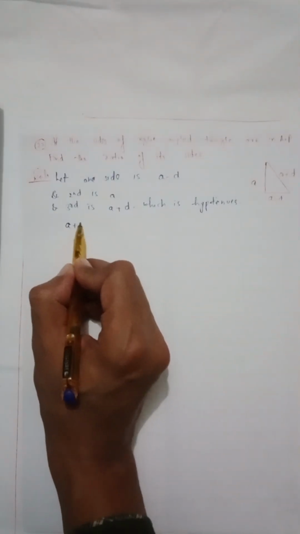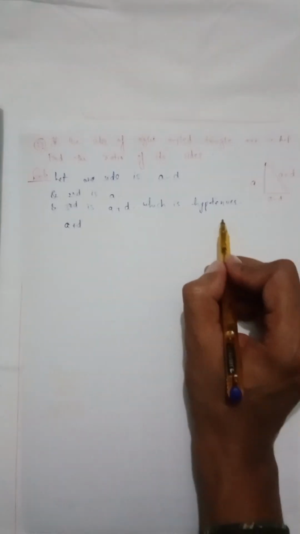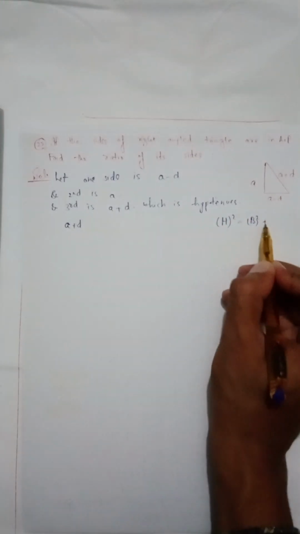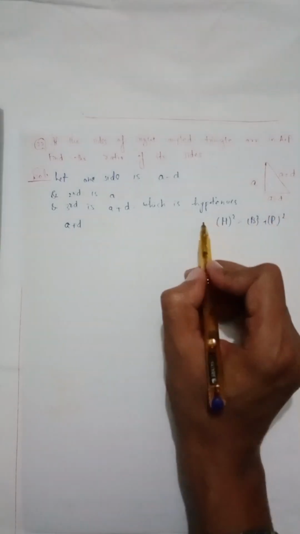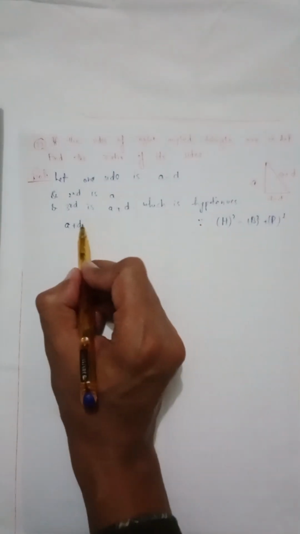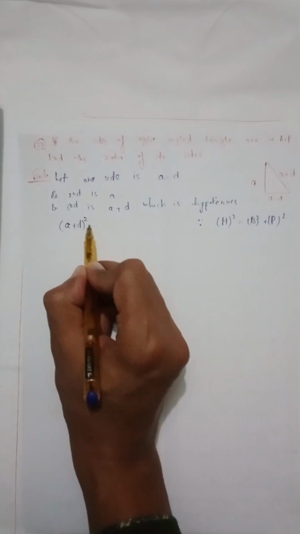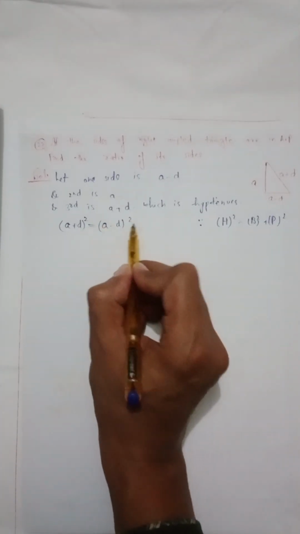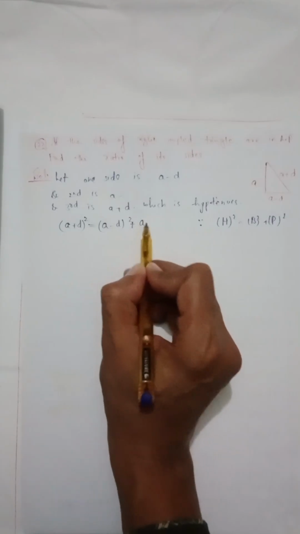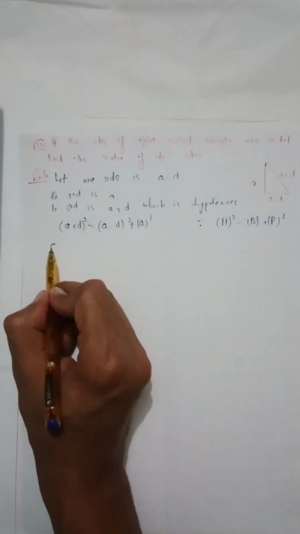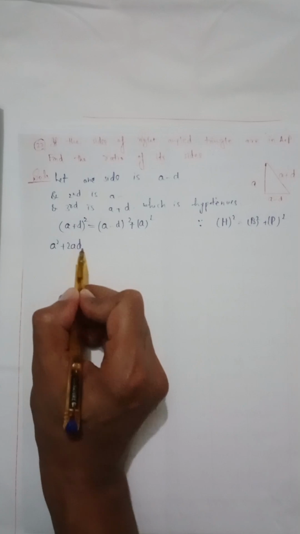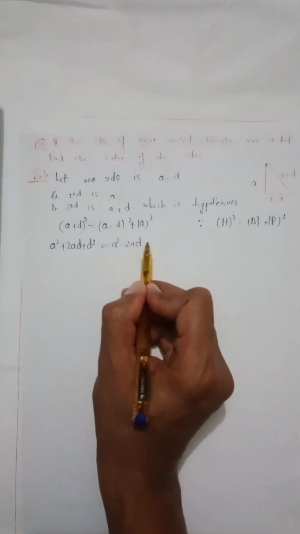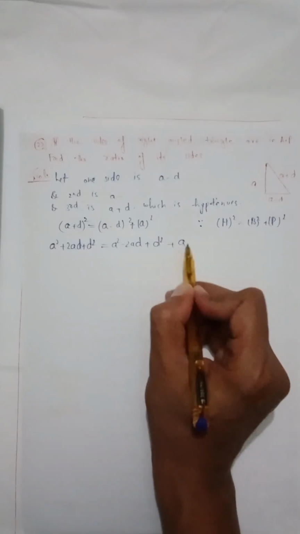Hypotenuse square equals base square plus perpendicular square by Pythagoras theorem. So (a plus d) square can be written in this way: (a minus d) square plus a square. By opening it, a square plus 2ad plus d square equals a square minus 2ad plus d square plus a square.